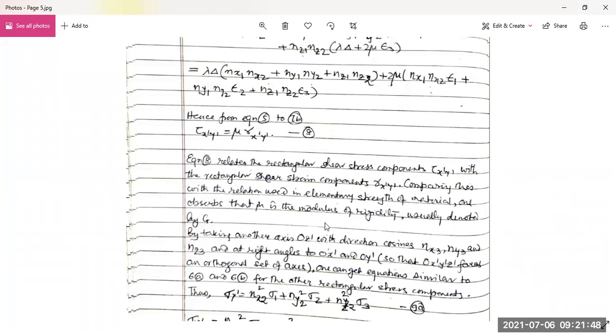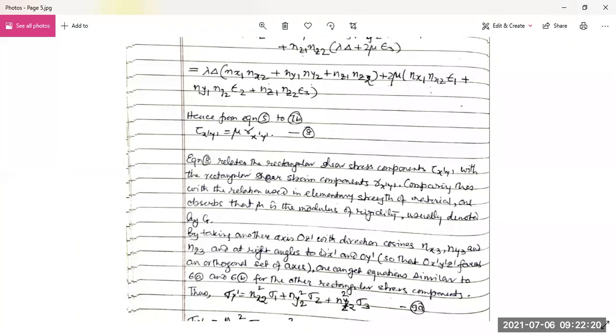And we know from elementary strength of materials that mu is equivalent to the modulus of rigidity, denoted by G. So here we have reduced to the same relation between shear stress and shear strain as per Hooke's law, which are proportional to each other: shear stress is equal to a constant of proportionality known as modulus of rigidity multiplied by the shear strain itself.